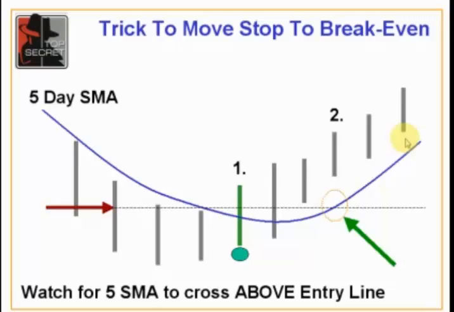Okay, 2 little extra tricks. Nothing's perfect, but you'll see those little tricks will tend to keep you in. Actually, I give you 3 tricks. You trail 1 day back on the 5-day. Anytime you get a gap up, go right below the day before. And anytime you get a long-range day, then put your stop right below the low of the long-range day.